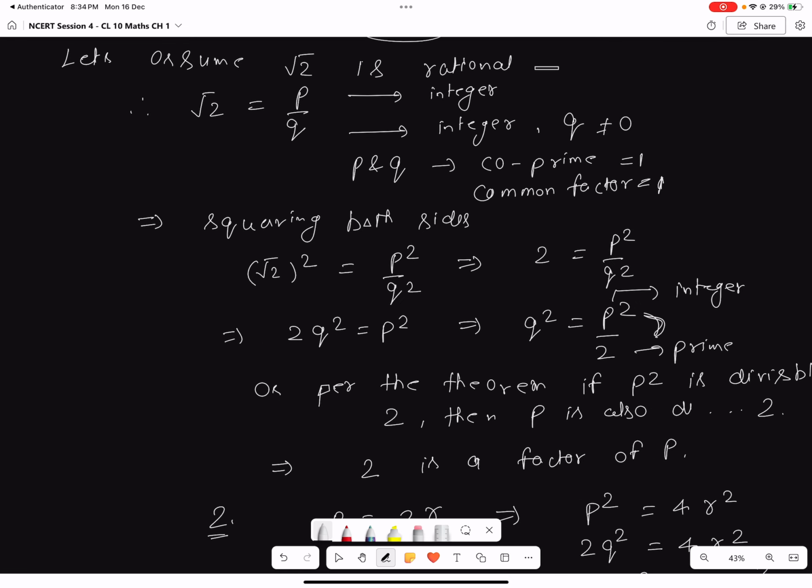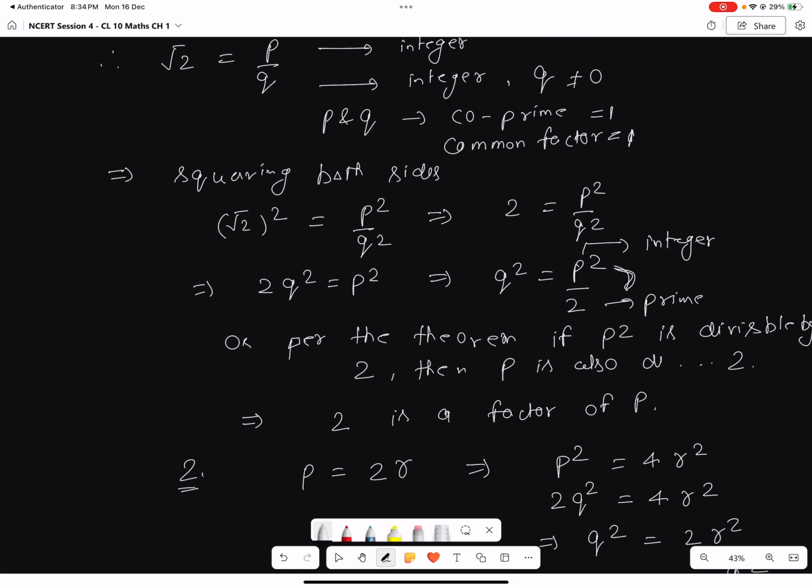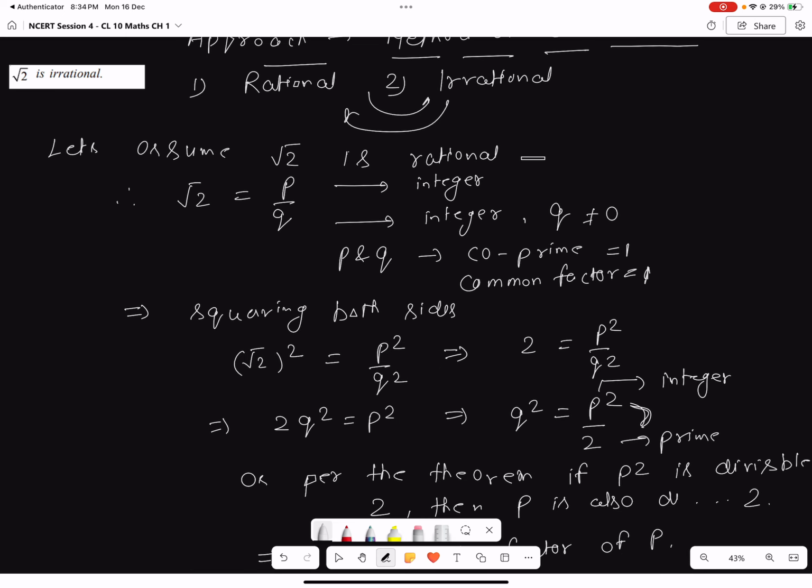And then with a series of steps, we squared both sides, and finally we proved for root 2 that 2 was also a common factor of p and q. So if a rational number can only have one common factor, but we have proven that this number will have a common factor of 2, that means root 2 cannot be a rational number. And as per the concept of numbers, if a number is not a rational number, then it will be an irrational number.